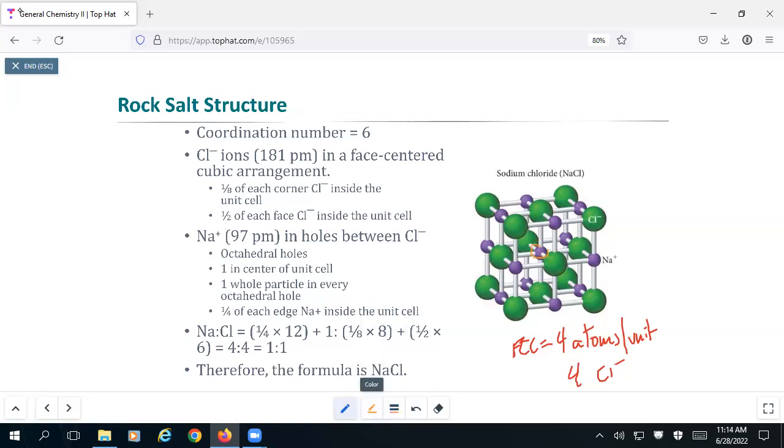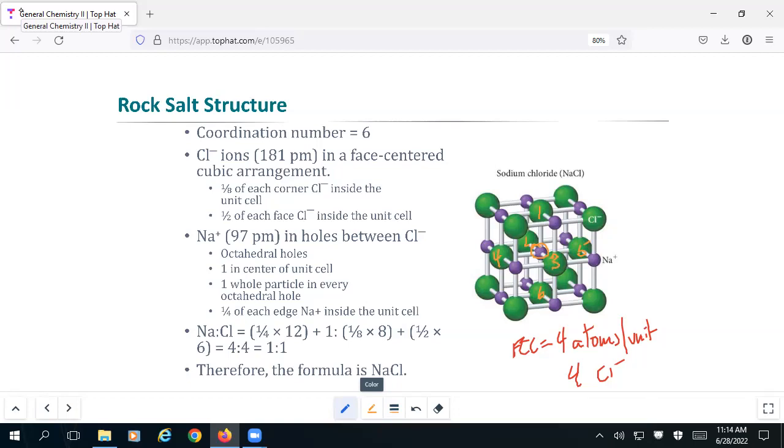So if I look at this one in the middle, I see 1, 2, 3, 4, 5, 6 chlorides that each one of those sodiums is touching. And so that's where this octahedral hole idea comes from.